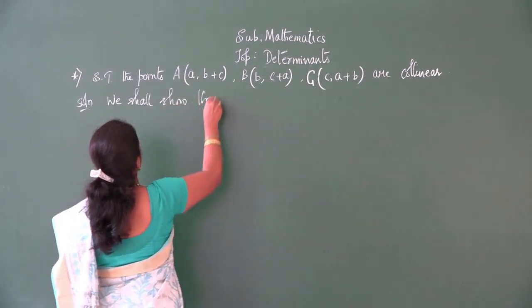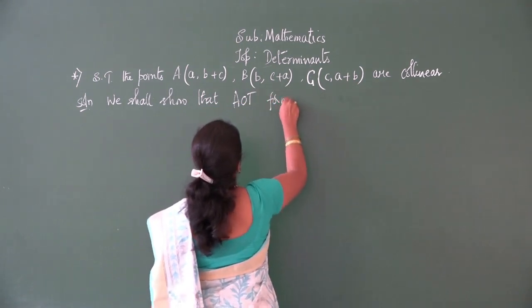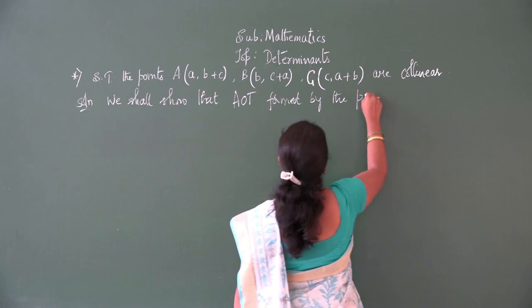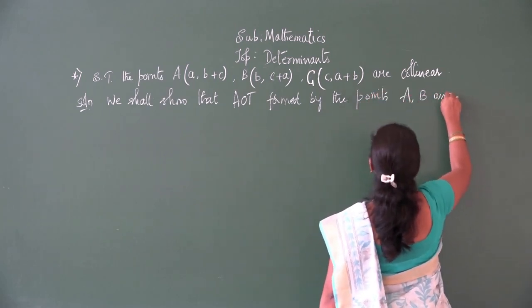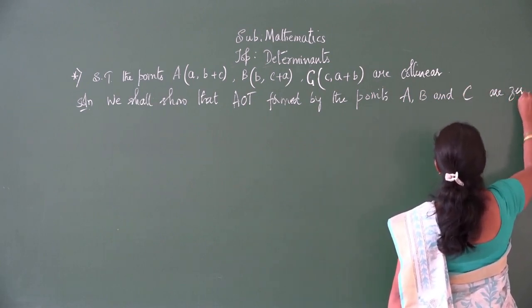We shall show that area of a triangle formed by the points A, B and C is 0.